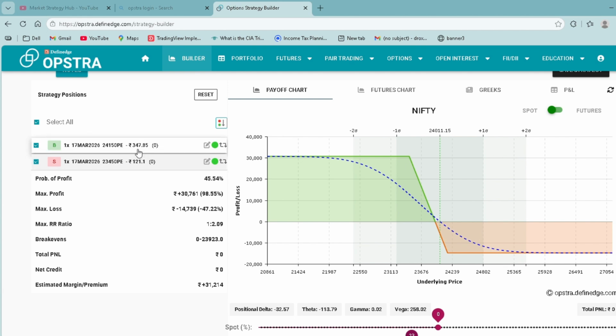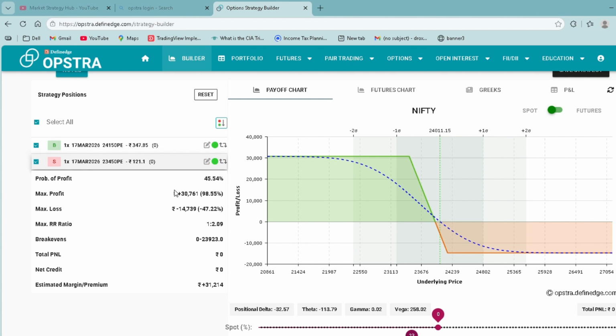This put option, the upper one, is 347.85 rupees, and the 23,450 PE is 121.1 rupees.